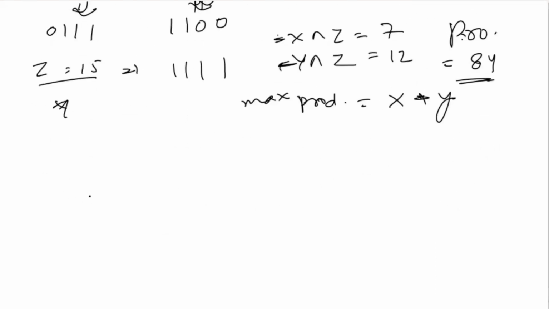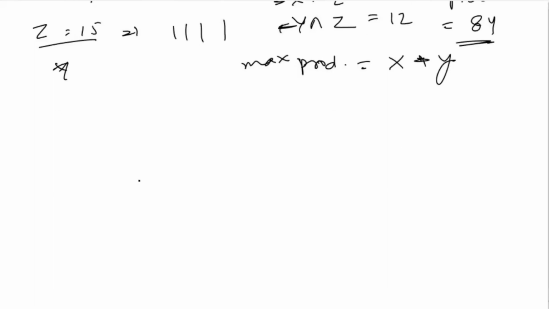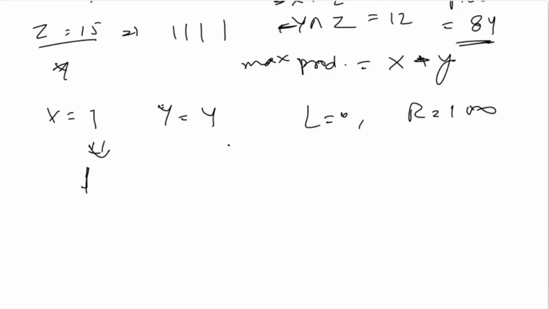Now let's say x is 1, y is 4, L is 0, and R is 100. The binary representation of x is 1, and of y is 100.